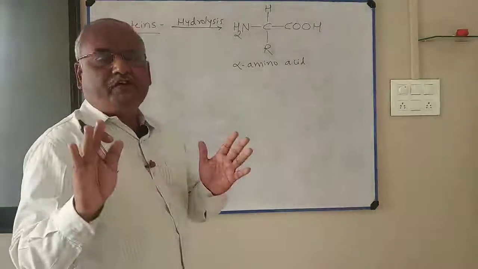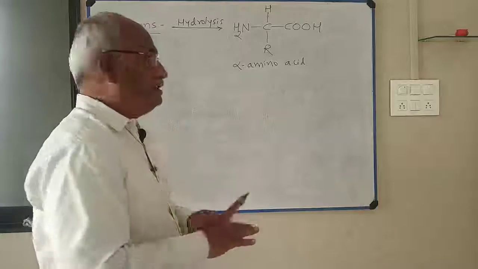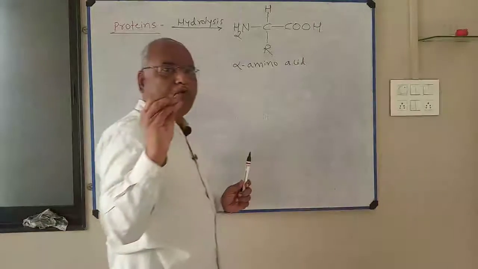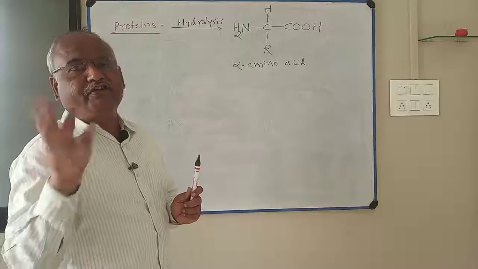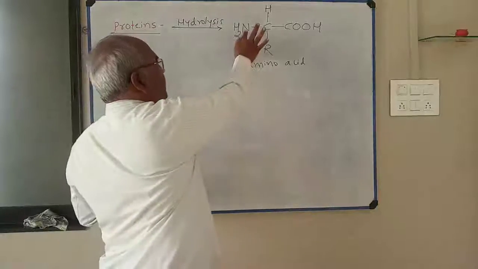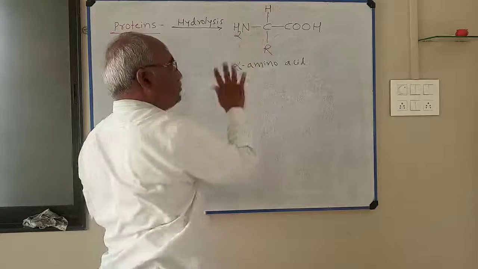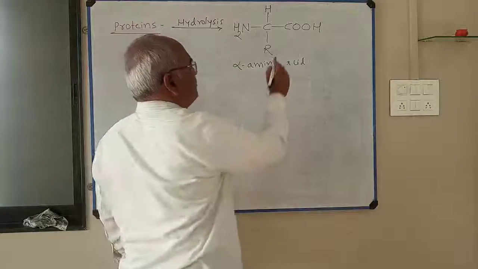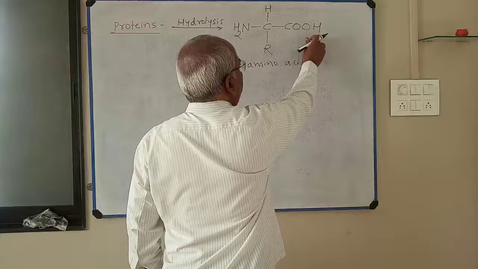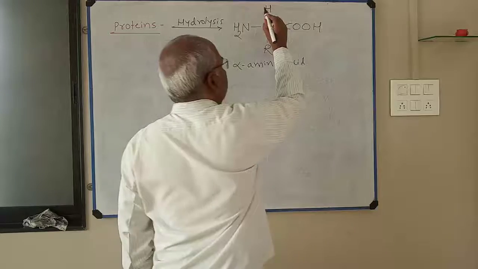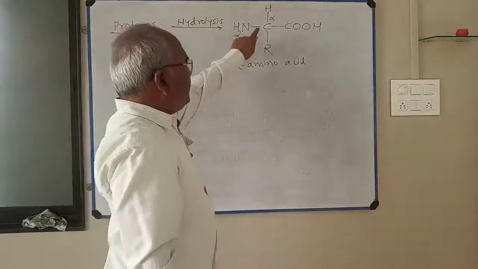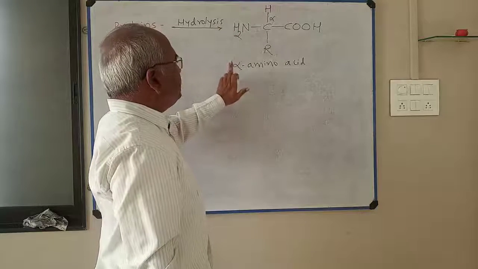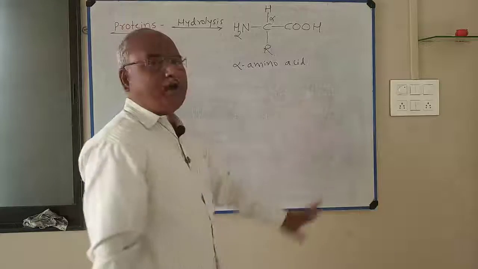It contains two functional groups. COOH group is carboxyl group, that is acidic group, and NH2 group is amino group, that is basic group. The carbon attached to carboxyl group is alpha carbon. To this alpha carbon, amino group is attached, therefore it is known as alpha amino acid.